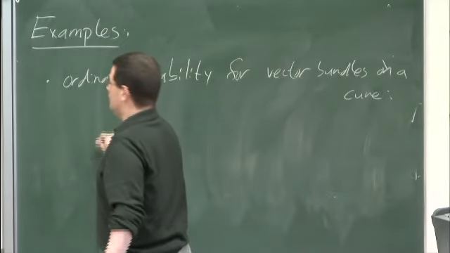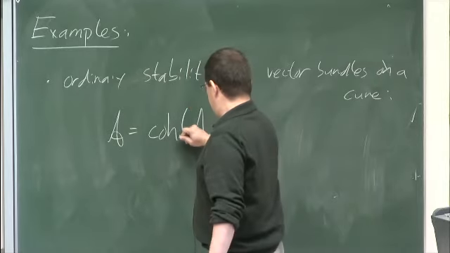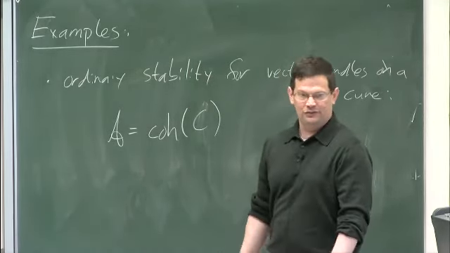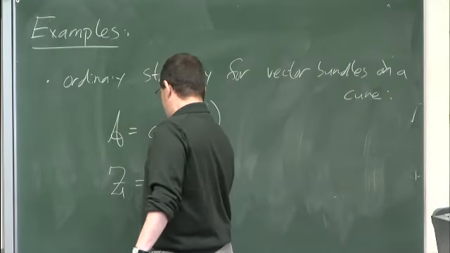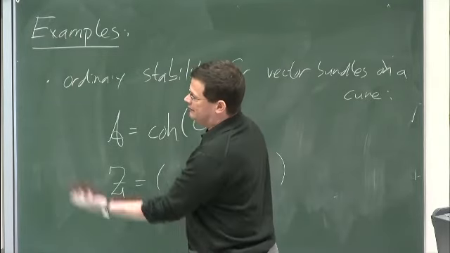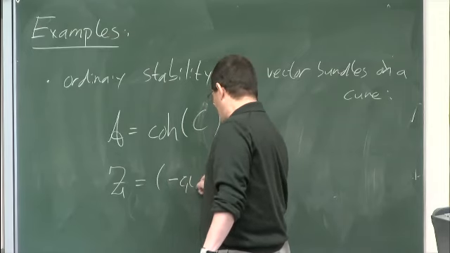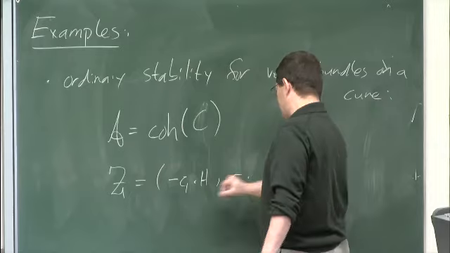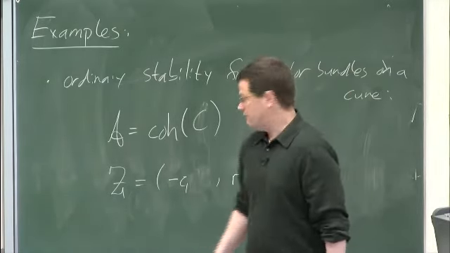There I'm going to let A be the heart of the standard t-structure, which is just coherent sheaves on the curve, and Z is just the translation of slope stability into this fancy framework, which just says that I take minus C1 dot H, and then rank, and then maybe C0.